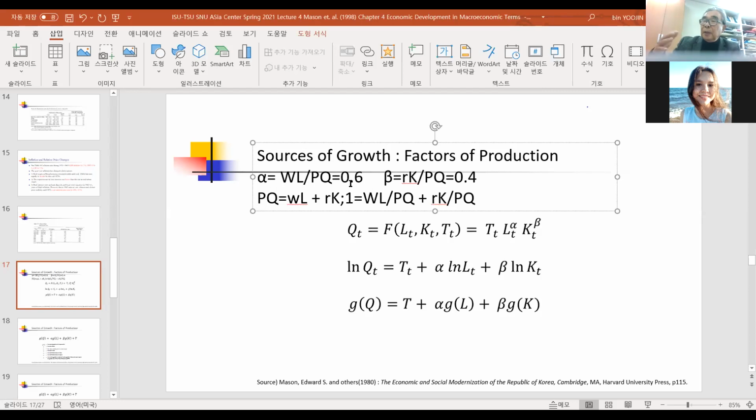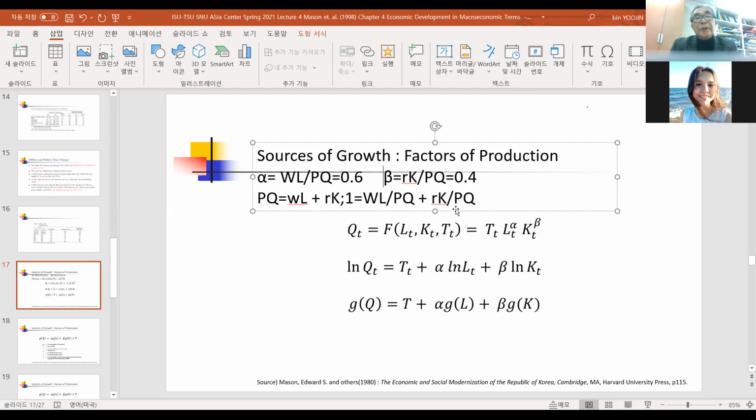But as the economy develops, people's wage rate goes up relative to rent. So what happens is Korea moved from 0.4 alpha to 0.6 alpha. See? I'm not familiar with the Soviet economy, but my guess is that in the Soviet economy alpha could still be 0.4 and beta could be 0.6.